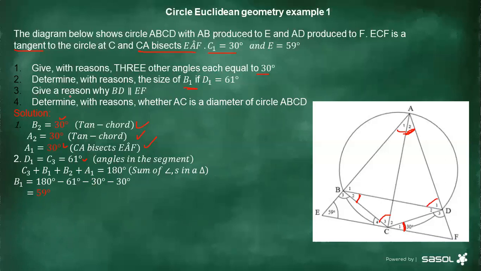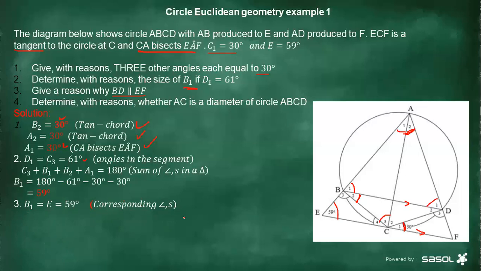Number 3, give reasons why line BD is parallel. They want to know why these two lines are parallel. Now what we discovered is that angle B1, which we've just calculated, which is 59 degrees, is equal to angle E, which is 59 degrees as well.